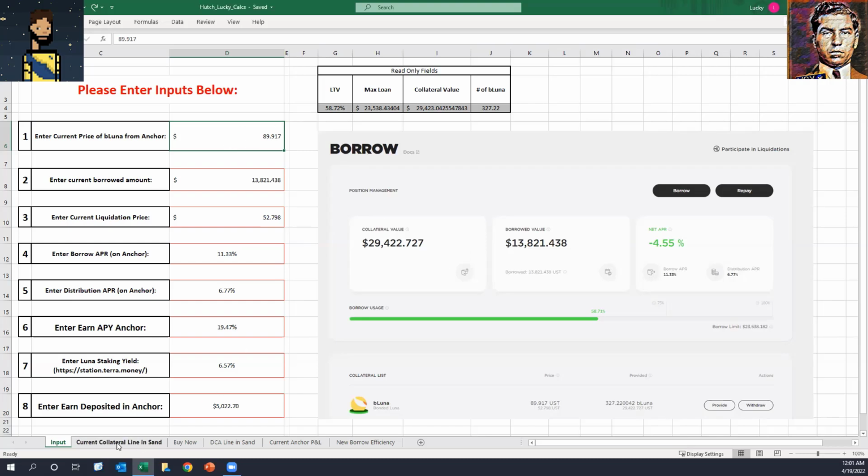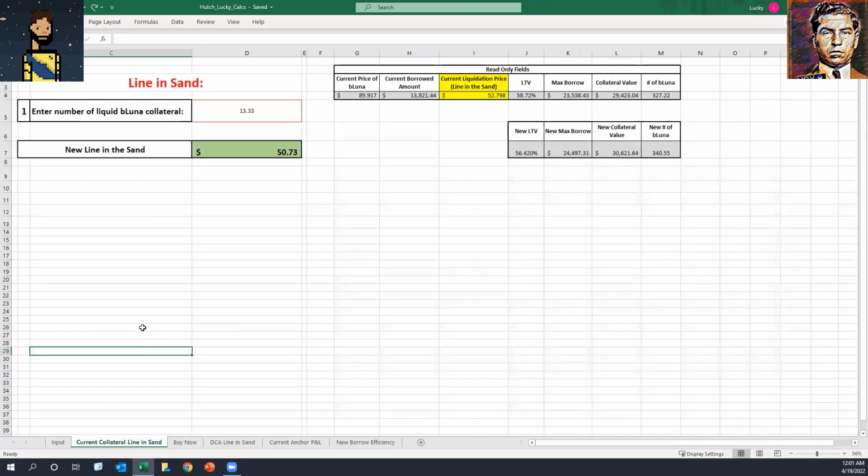Yeah. So I think the first ask, which I love this idea from Hutch, was, and I kind of do this on my own spreadsheet, I know where all my bLUNA and Luna is, but I never thought about what's my real line in the sand? What is my true line in the sand?